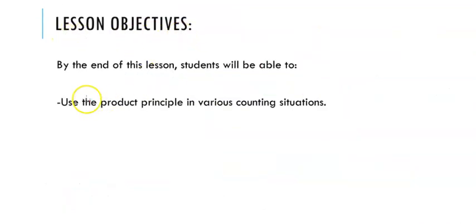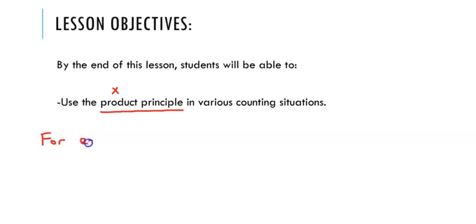Okay, our lesson objectives. By the end of this lesson, students will be able to use the product principle in various counting situations. And you can probably guess what the product principle is. Remember, product means times, and it basically goes like this.